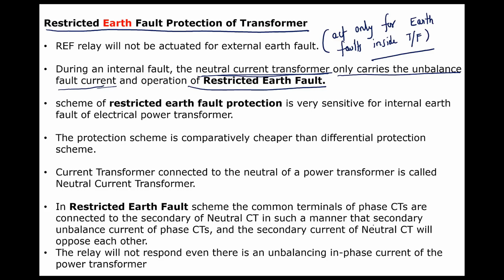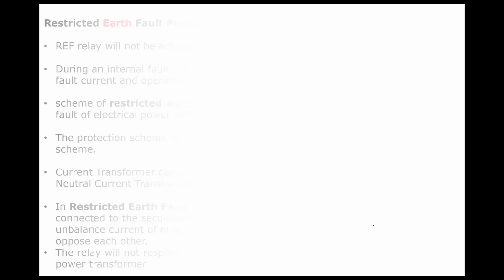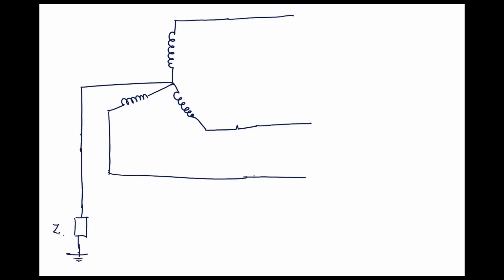Okay, so first I'll draw the REF scheme, then you will understand how this scheme will work. Again, in a transformer, I am drawing the transformer in the form of a star. This is a neutral impedance, so this is ZN. Now the CTs are connected like this. Three CTs are connected like this, this combination of CTs.